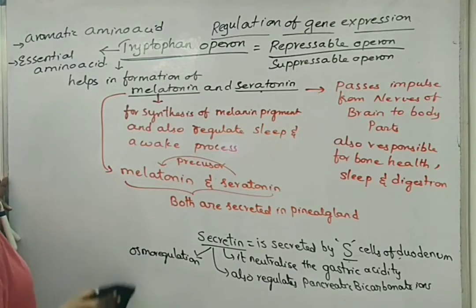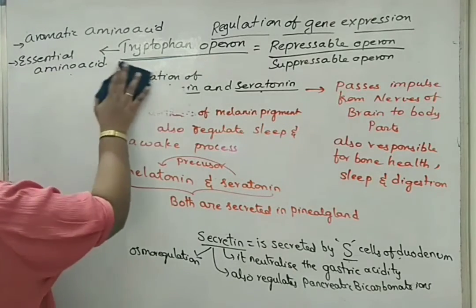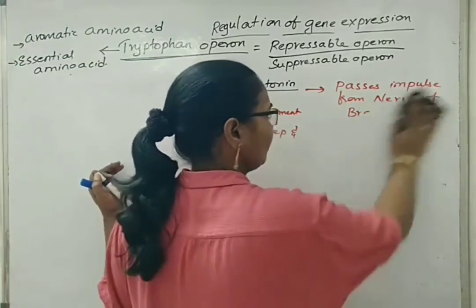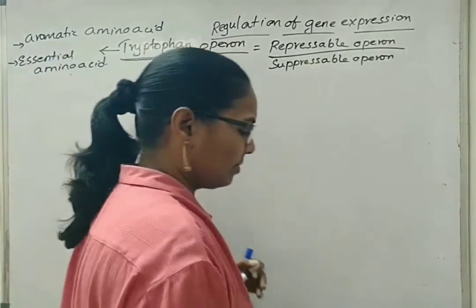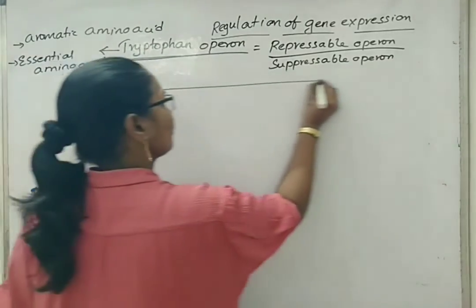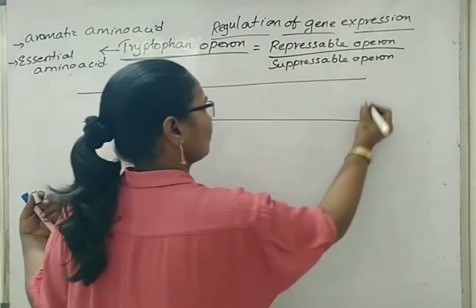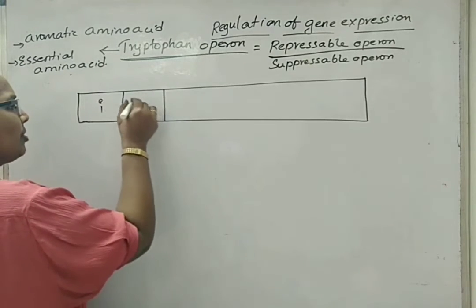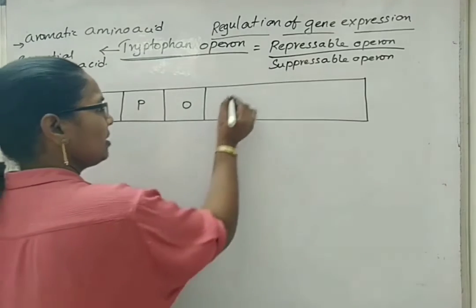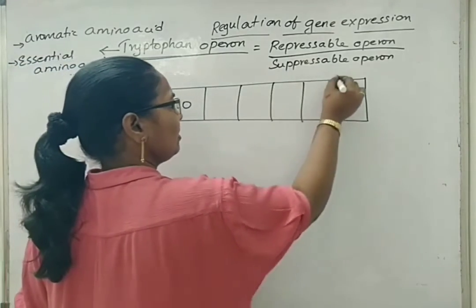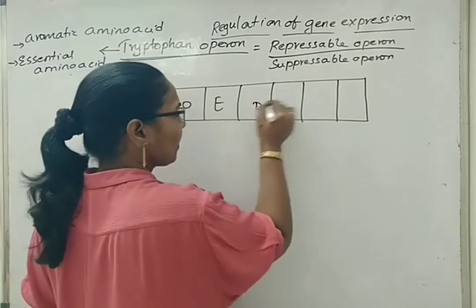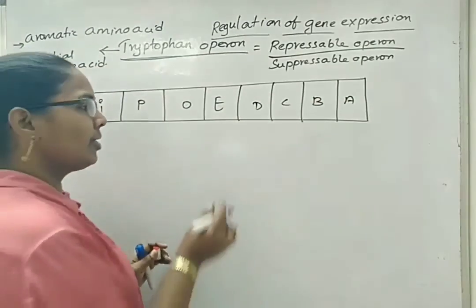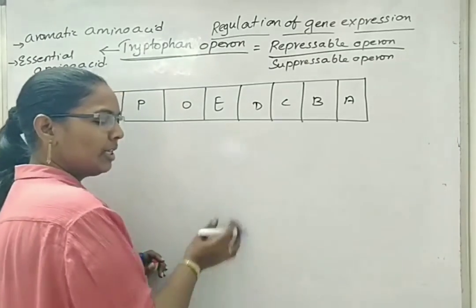Now we will see about the operon of tryptophan. Repressor gene, promoter gene, operator gene, E, D, C, B, A. Normally, tryptophan has to be synthesized for the functions that we have discussed previously.